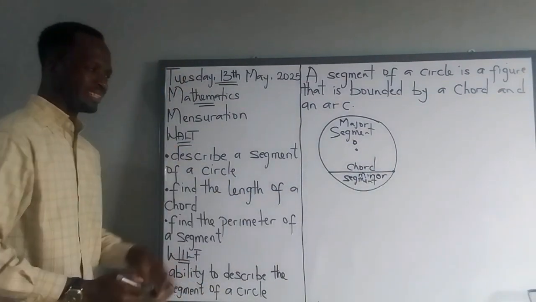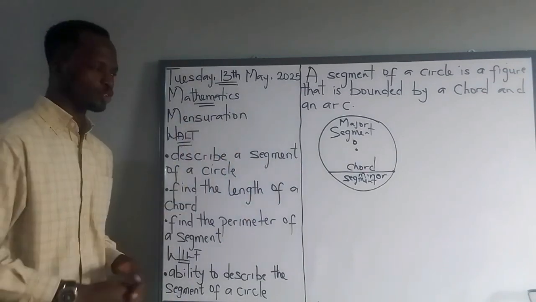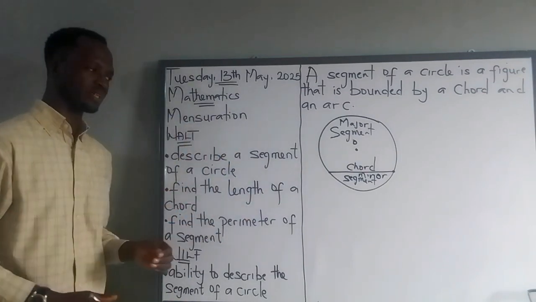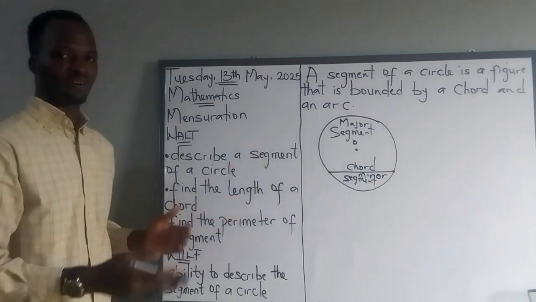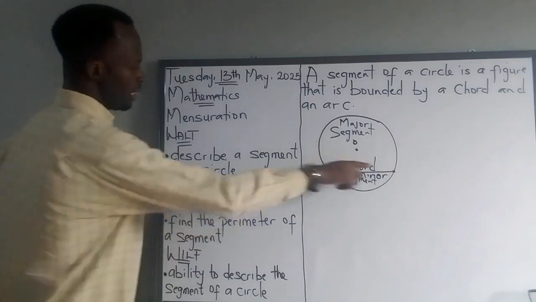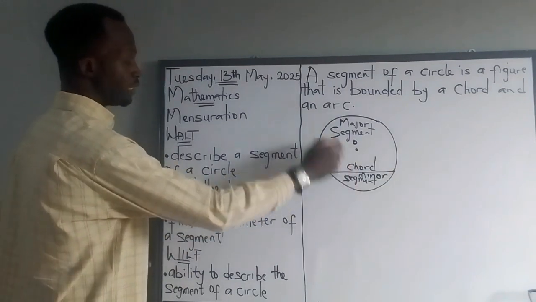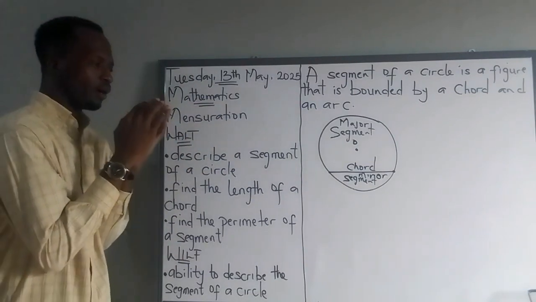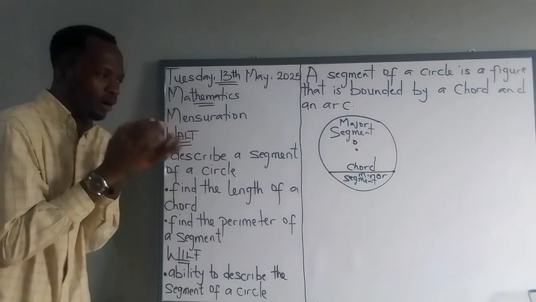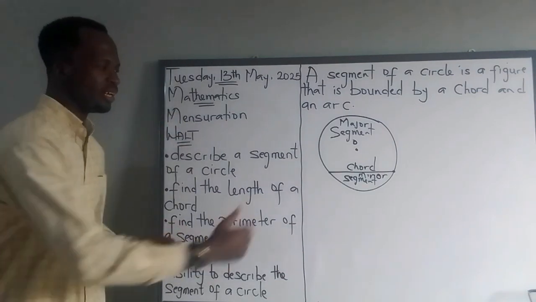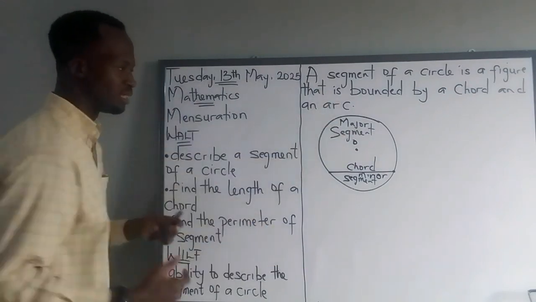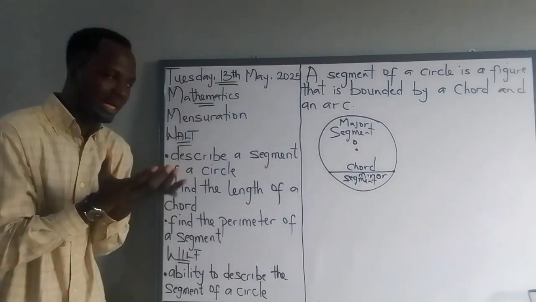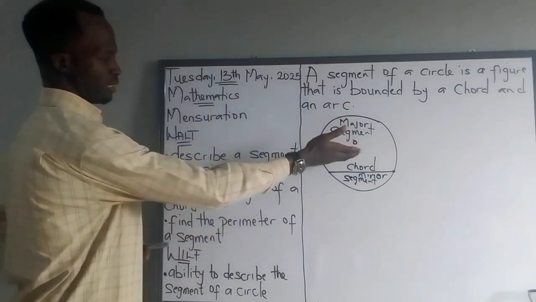So a chord is simply a line that is drawn from one end of the circumference to the other end, and it divides the circle into two segments. The segment covering a smaller area is the minor segment, while the segment covering a larger area is the major segment.